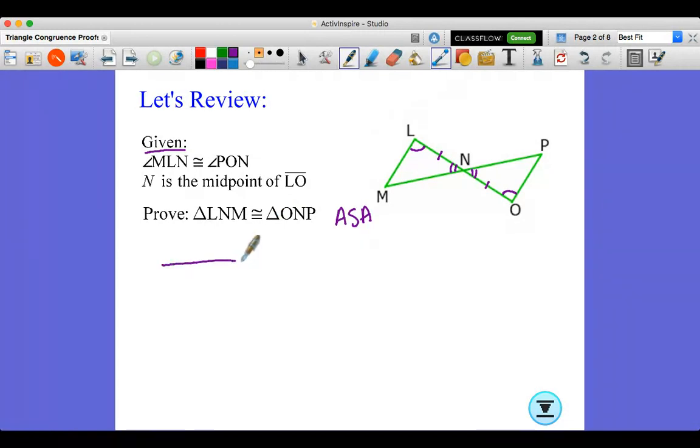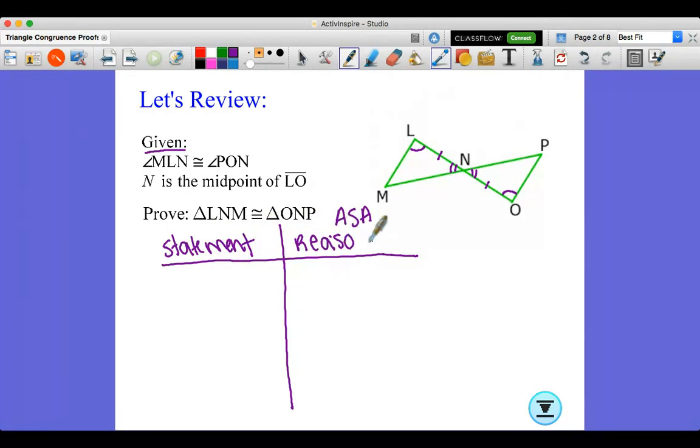So if you recall, we've got a 2-column proof, right? That's really been our focus. And we've got statements, and we've got reasons. And for the most part, the order we do all of this in matters. So I'm going to start with the givens.